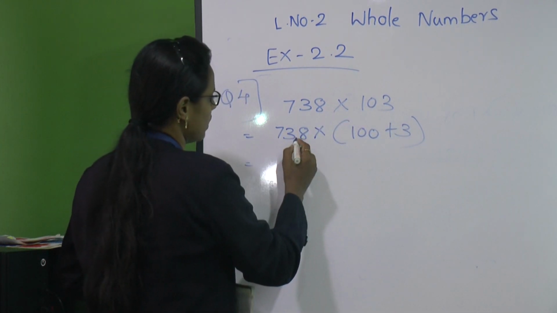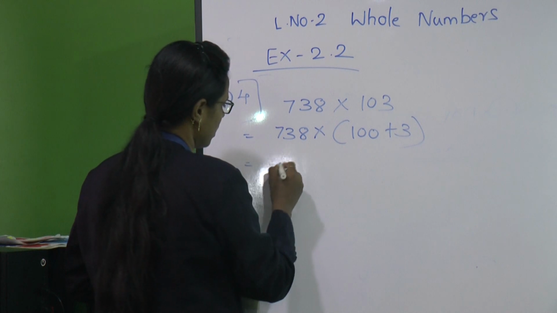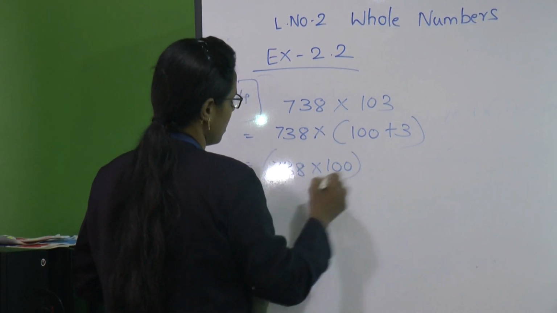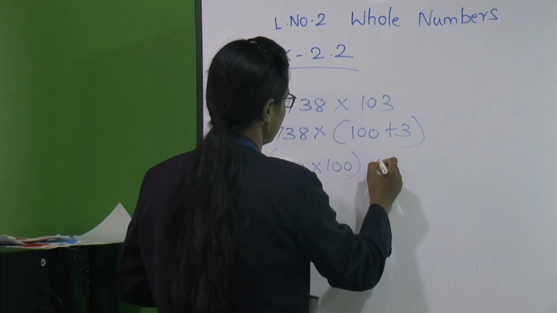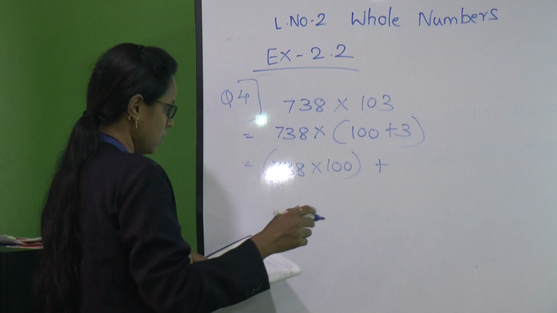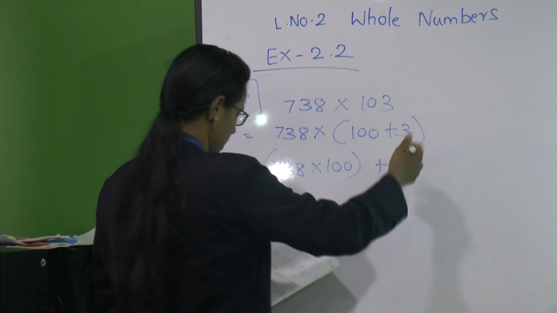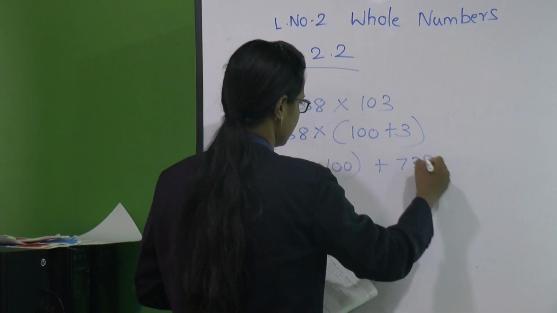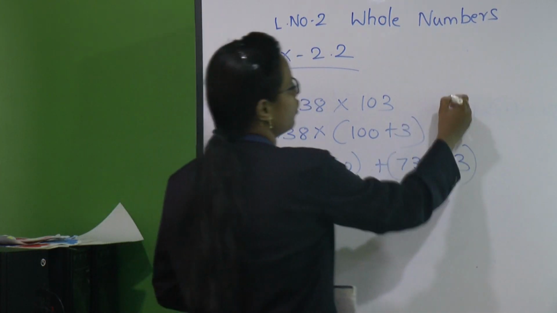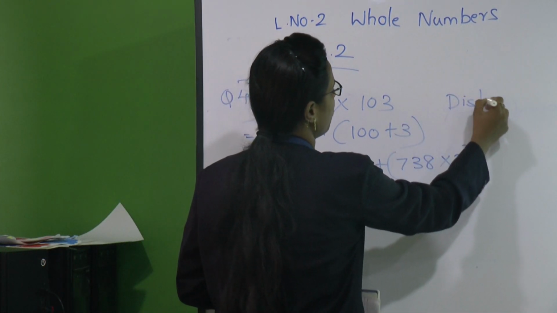So, now this will be multiplied by 100 first, 738 multiplied by 100 and again we will multiply it 738 into 3. Here we have used distributive property.